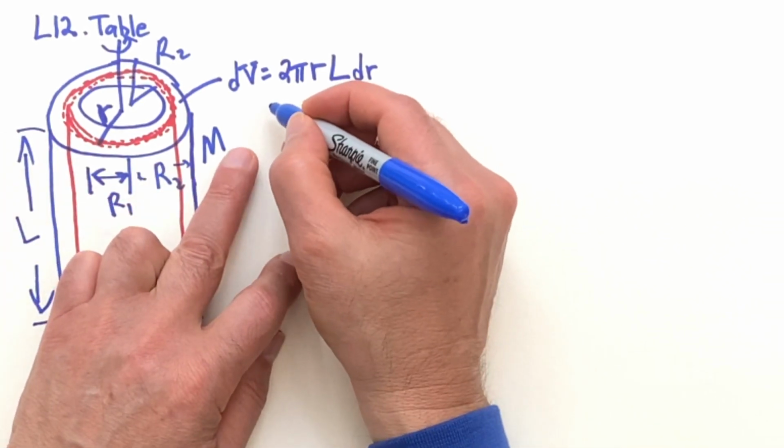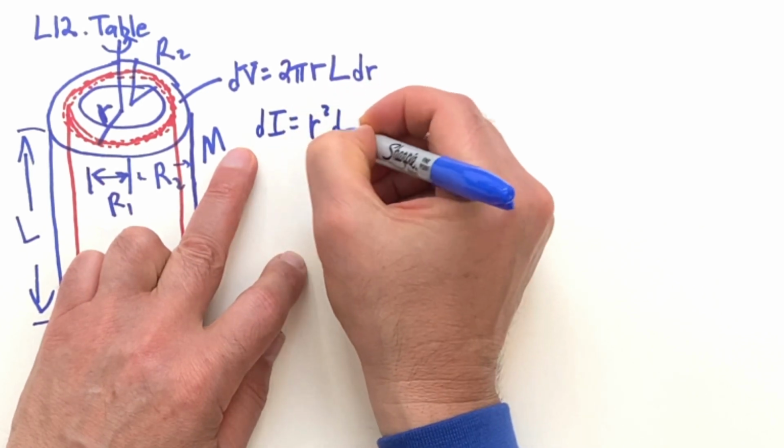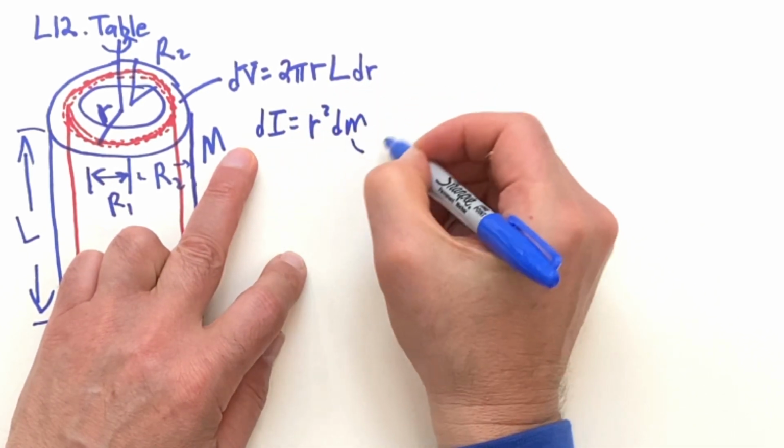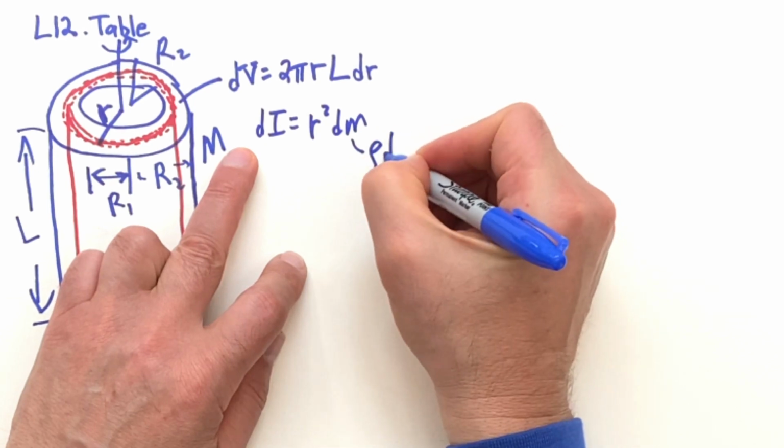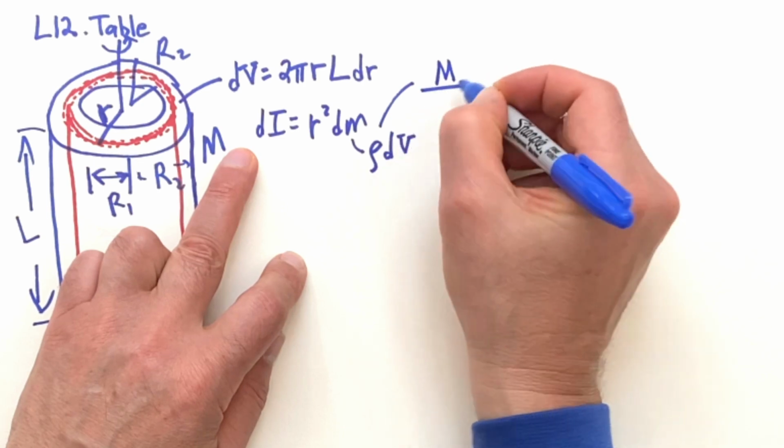So the moment of inertia is going to be r squared dm, and remember dm is rho times dV, and the rho is going to be the total mass over the total volume.